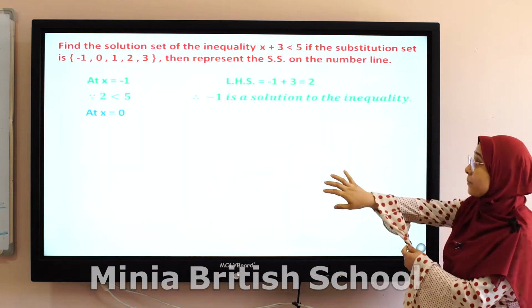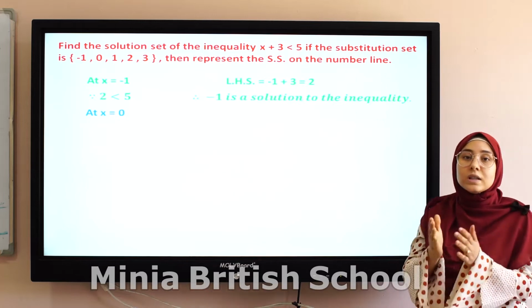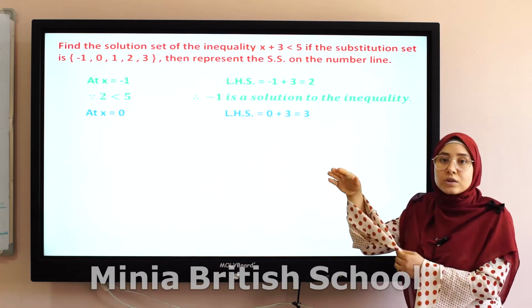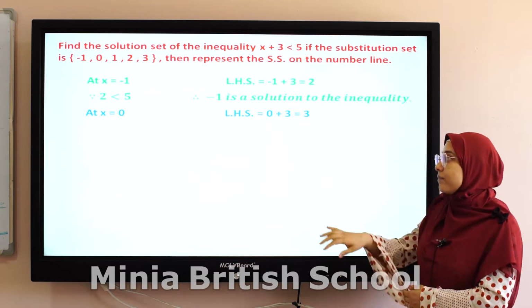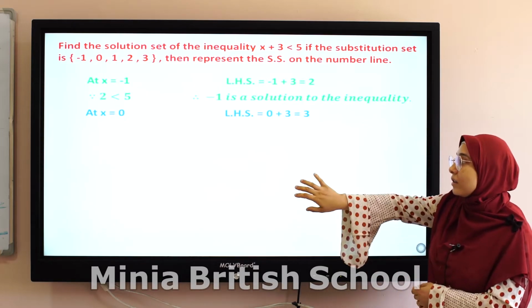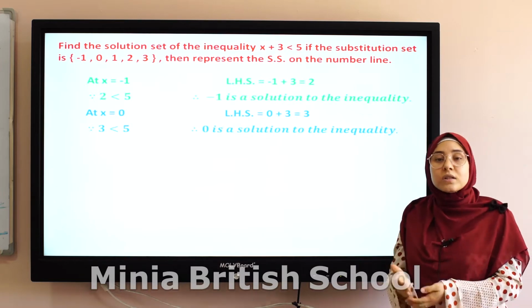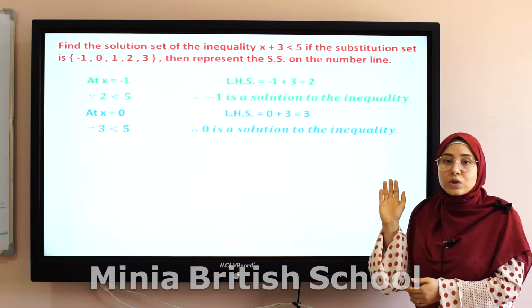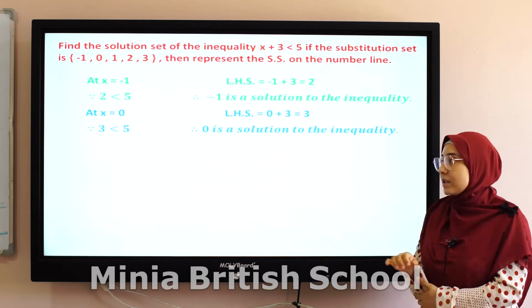The same idea when x equals 0. So 0 plus 3 equals what? Equals 3. So the left hand side equals 3. So 3 less than 5 is also a true inequality. So 0 is a solution to the inequality.